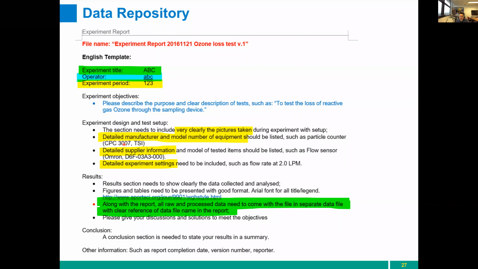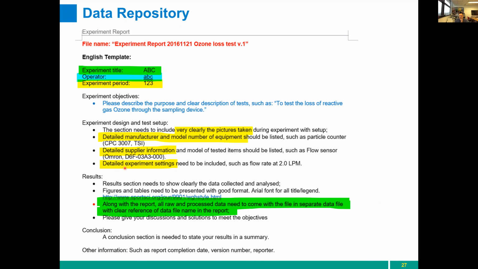So for experimental design in our group, we require our students to describe in detail the model number, what kind of instruments, the supplier information, etc. And also, more importantly, the experimental settings need to be included.